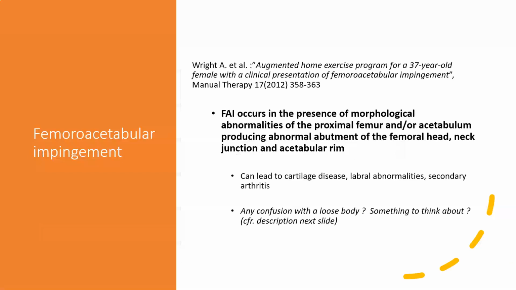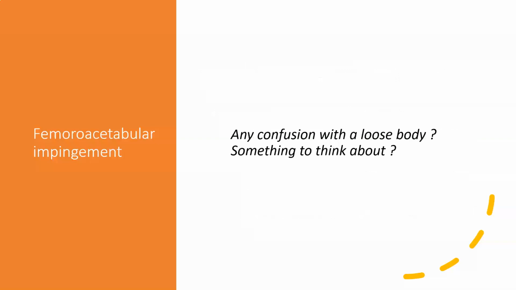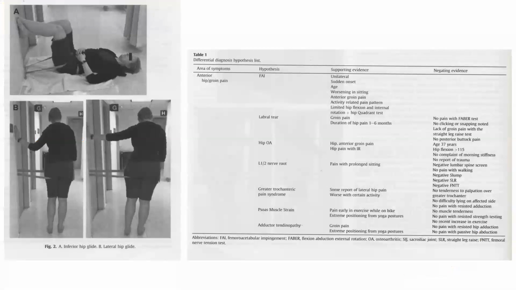If there is really a morphological symptomatic problem, this kind of exercise is not going to give so much benefit. But if a loose body is also playing a role, then it's quite possible when you do this kind of exercises that you also have an effect on an internal derangement. But that's perhaps something to think about.